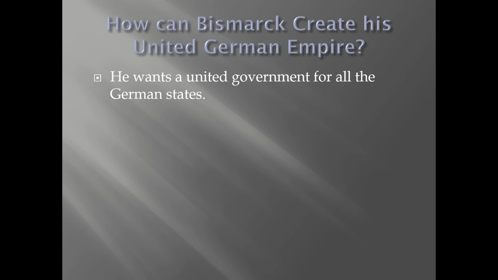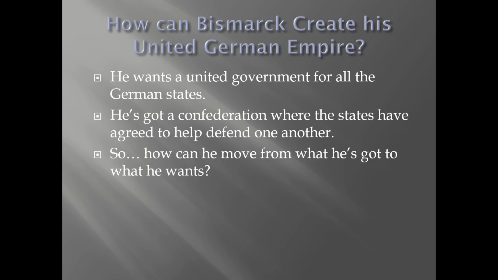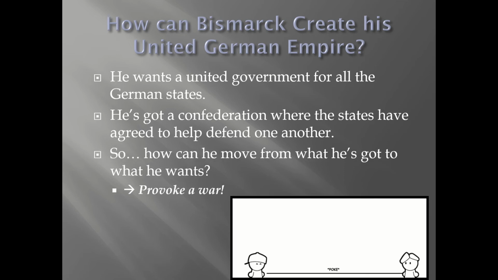Well, he wants a unified government. He's got a confederation where the states have agreed to defend one another if one of them is attacked. So what does he need to do? Well, he's got to provoke a war. He can't start a war by being the first to attack, because then the other city-states won't have to defend him. He has to get another country to attack a German city-state.